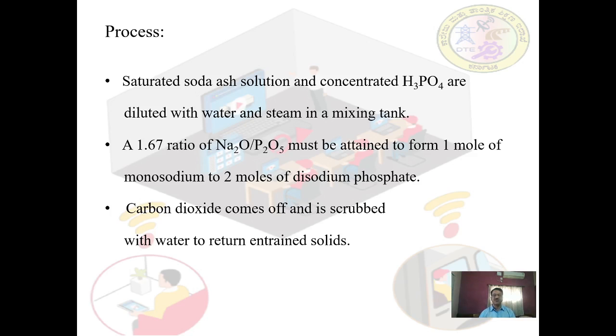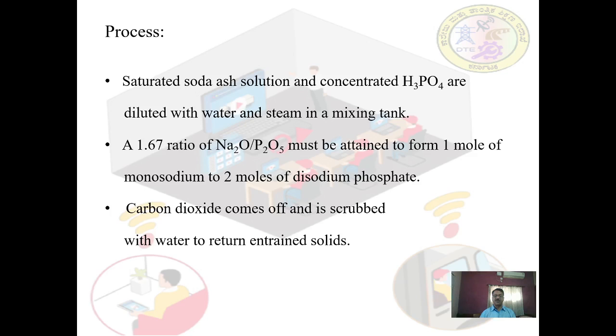Saturated soda ash solution and concentrated phosphoric acid are diluted with water and steam is mixed in the tank. A ratio of around 1.67 of sodium oxide to phosphorus pentoxide must be attained to form 1 mole of monosodium and 2 moles of disodium phosphate.